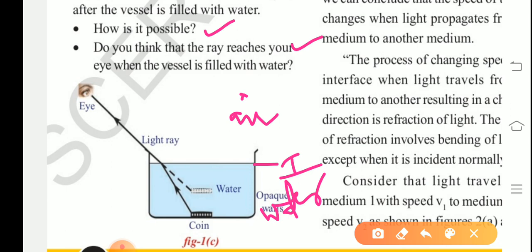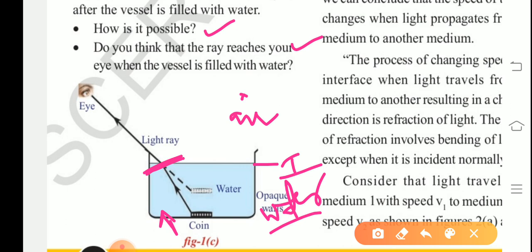As we already discussed, the light ray coming from the coin comes from the denser medium, water, simply called the denser medium, and at the interface it changes direction because of the change in its speed.